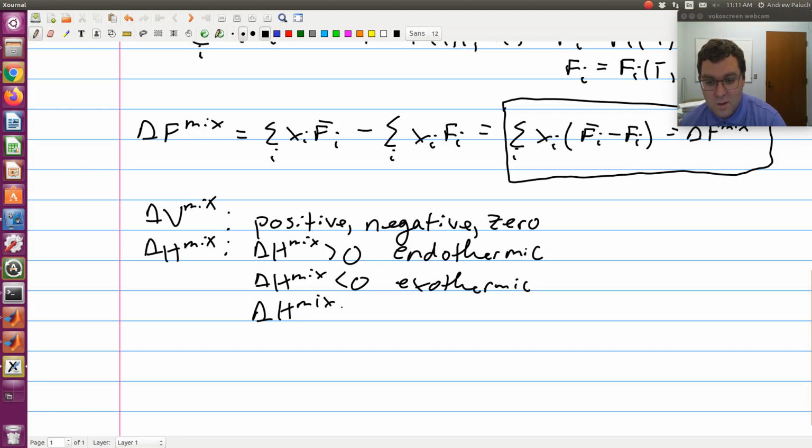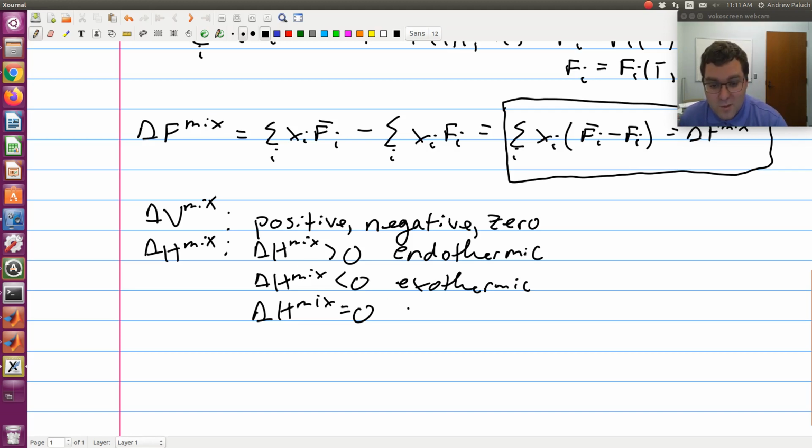The last one would be a special case where delta H of mixing is equal to 0. That would tell me that, on average, the effective enthalpy of each component in my mixture is the same as its pure molar self, or in the very special case that all of our interactions are exactly the same. Generally, that's the picture that comes to mind: when all your interactions in the mixture are the same as in those pure component states, it leads to an athermal solution, where delta H of mixing is 0.